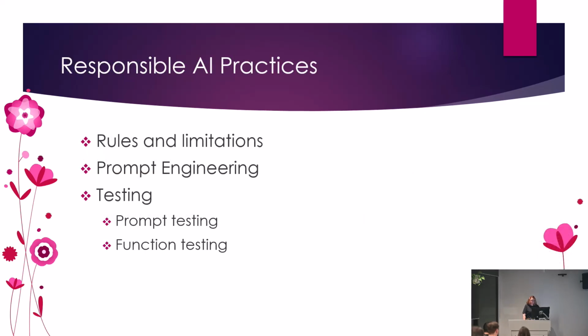I won't go through responsible AI because we've just had a wonderful talk about that. But needless to say, think about your limitations, the rules that you want to set on your AI, and do prompt engineering with your system to make sure that it knows its boundaries. Make sure that it knows not to step outside.